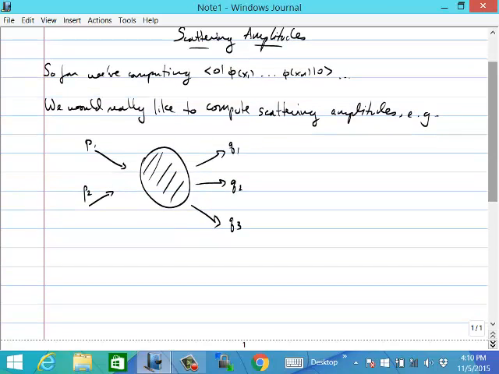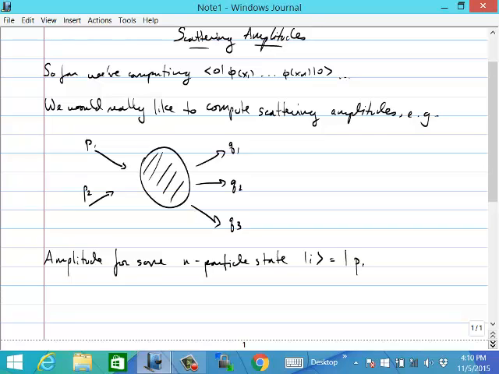So what we would like to do is to compute the quantum mechanical amplitude for some, say, n particle state. So let's say some initial state, we'll call it I, which would be an n particle state. So it would have particles of momentum p1 up to pn. So in the diagram that I showed you here, that was an example where n was equal to 2, where you have 2 incoming particles.